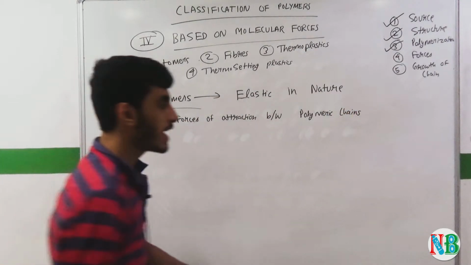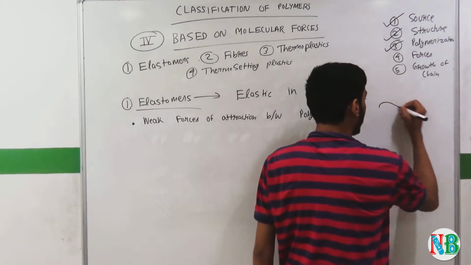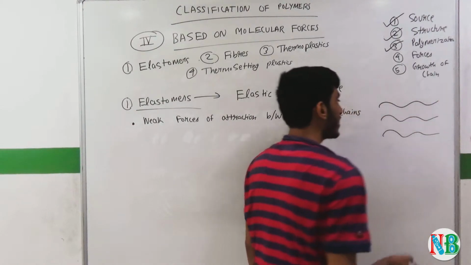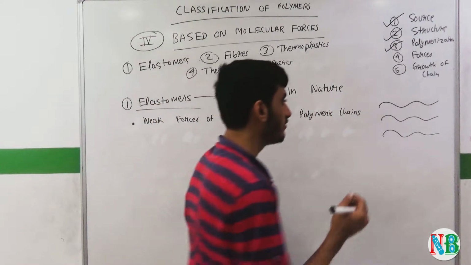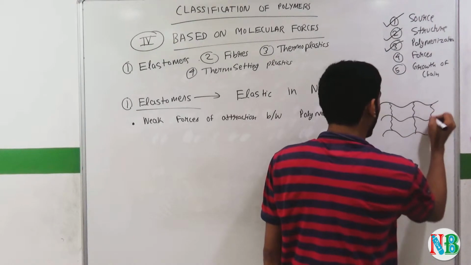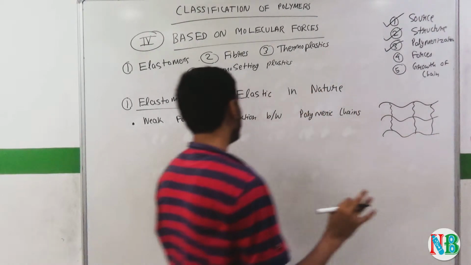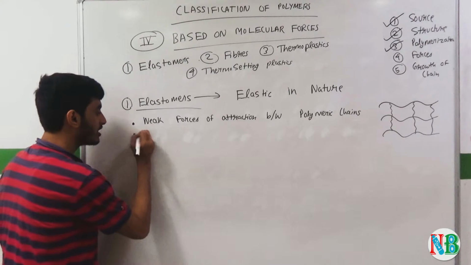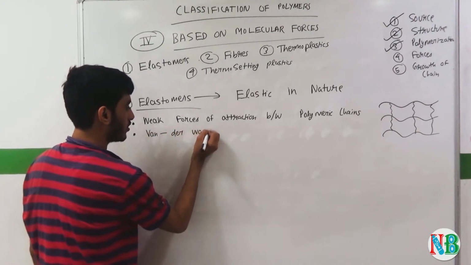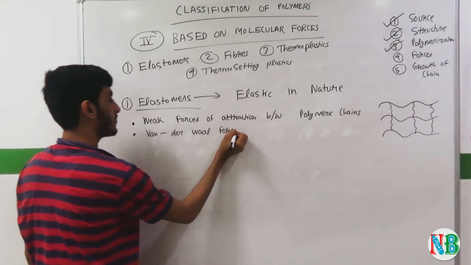Suppose I consider one chain like this, one more chain like this, one more chain like this. Now these chains are linked with each other using some kind of weak forces. Mainly we see that these forces are van der Waals forces.